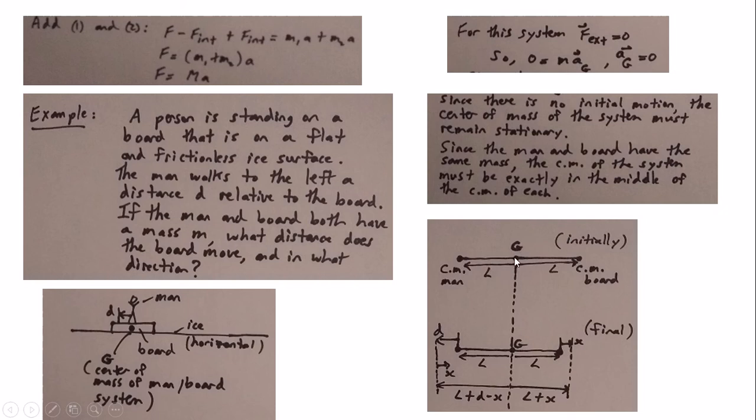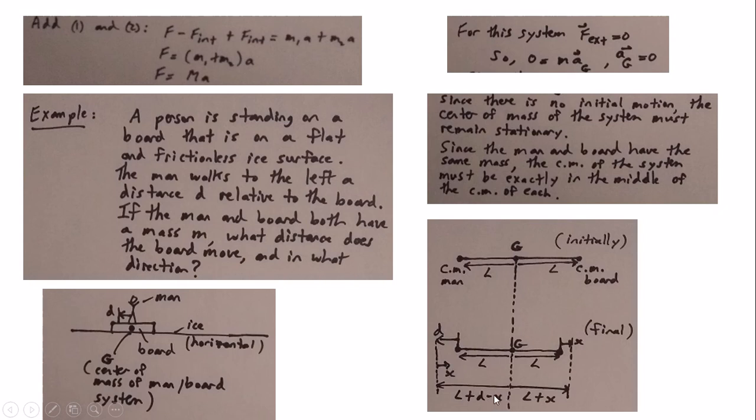Now this point G stays at the same location in physical space, which means that after the man moves and the board moves, point G for the system stays in the same place. Imagine that the man moves to the left a distance d relative to the board, and the board moves to the right some distance x.